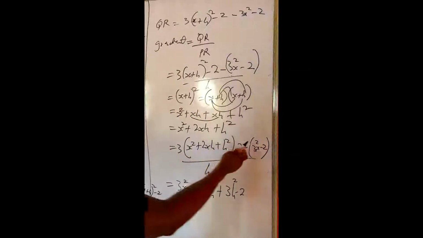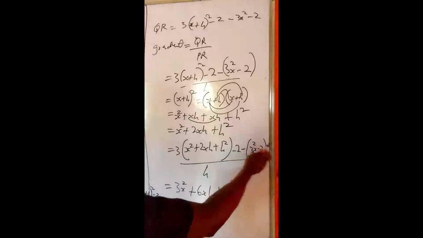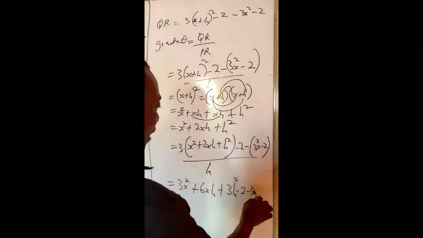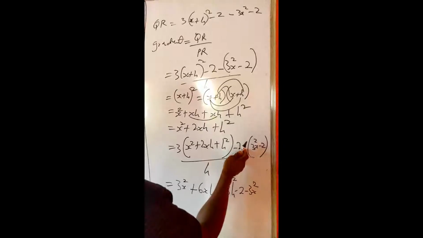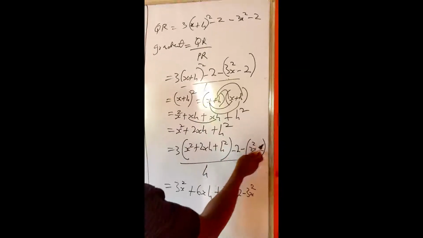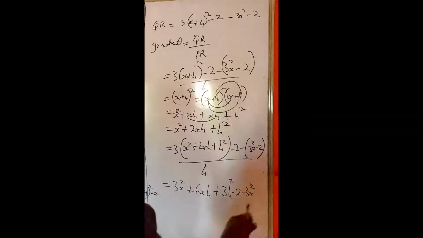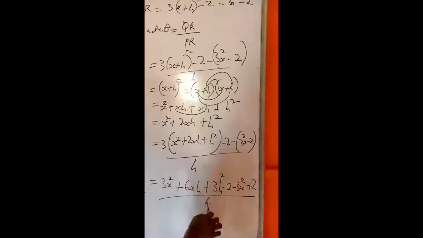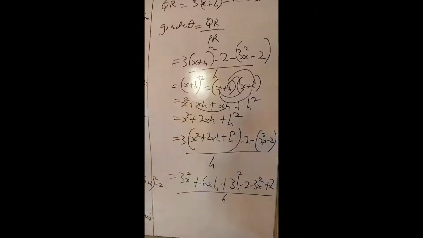Then this negative will multiply the bracket, so it becomes minus 3x squared. This negative will also multiply that minus 2, and you have plus 2. So that is where you now have your gradient.